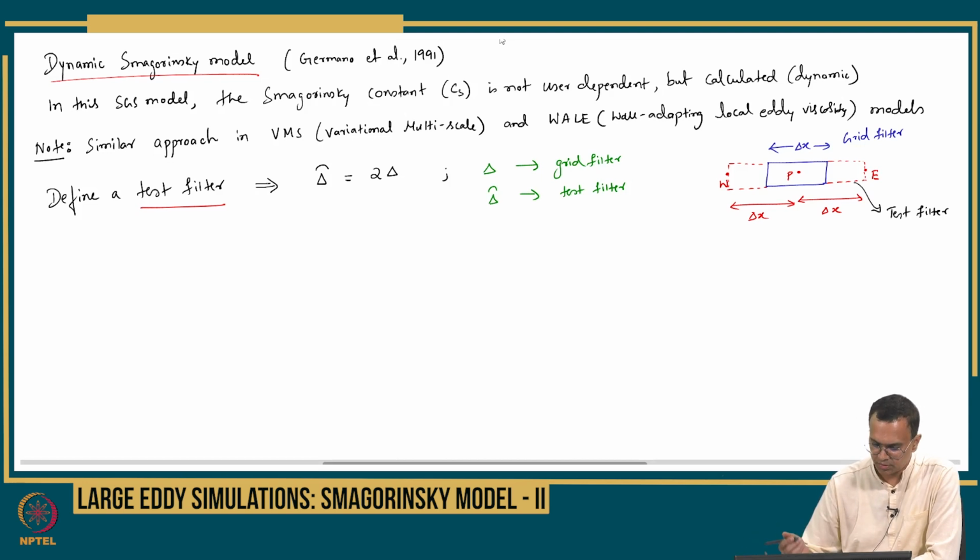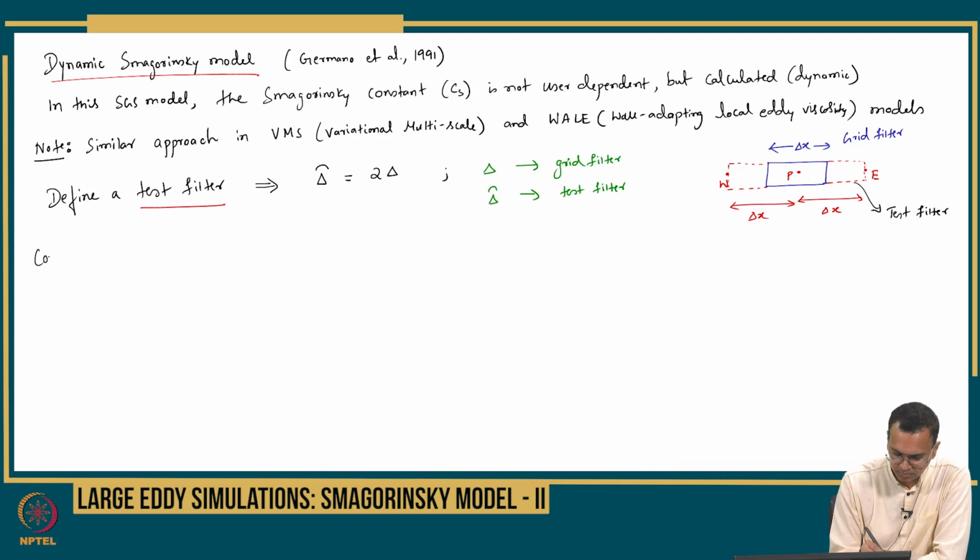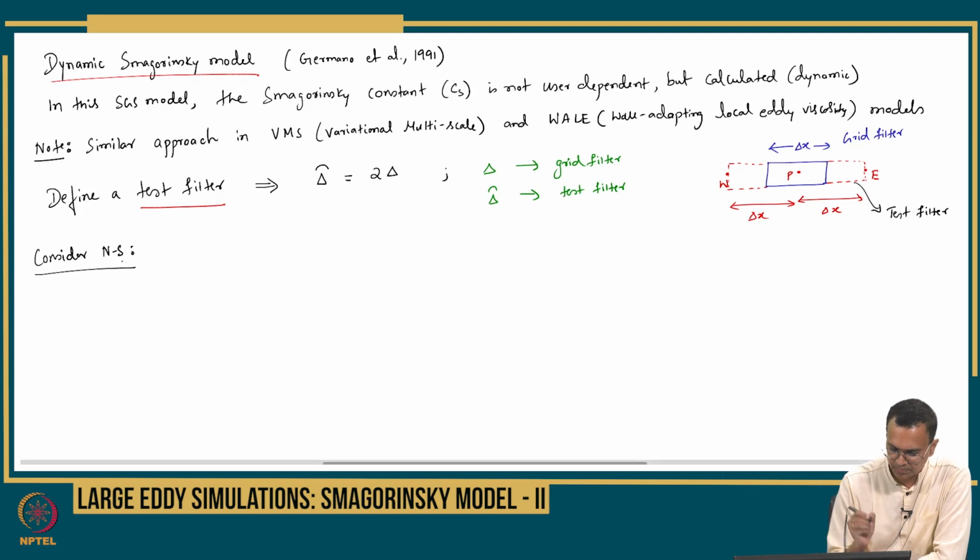So we define a test filter twice that of the grid filter, and we apply this filtering operation to Navier-Stokes. Okay, so let's start with the Navier-Stokes equation, which is dou ui by dou t plus dou by dou xj of ui uj equal to minus 1 by rho dou p by dou xi plus nu dou square ui by dou xj square.